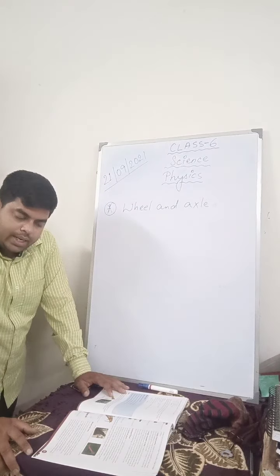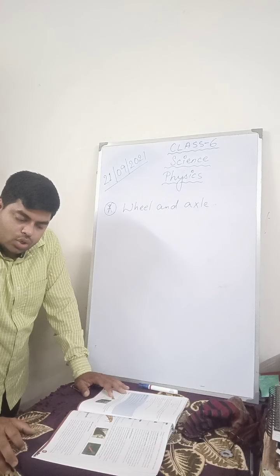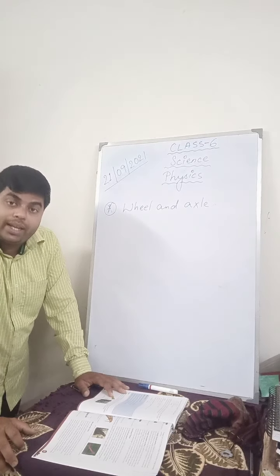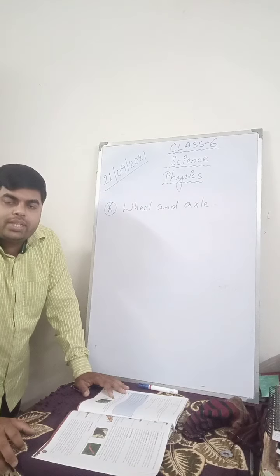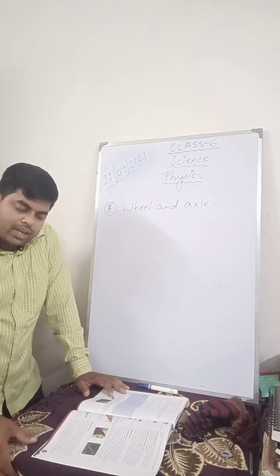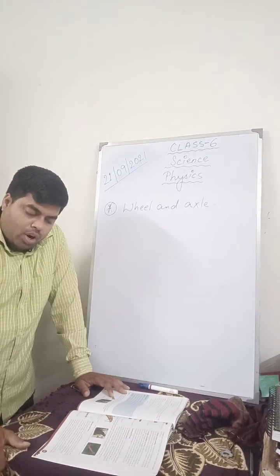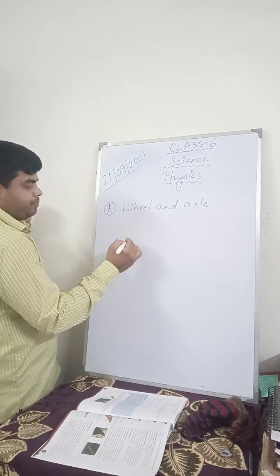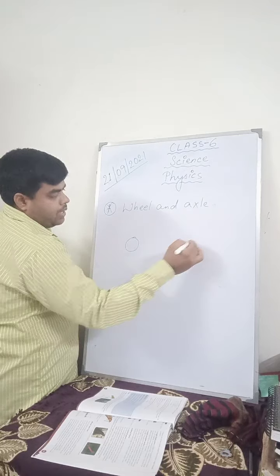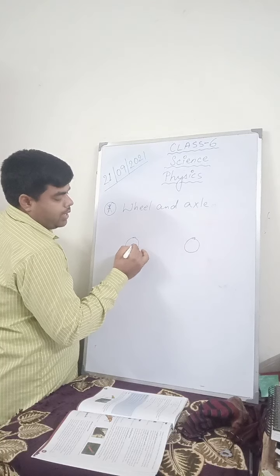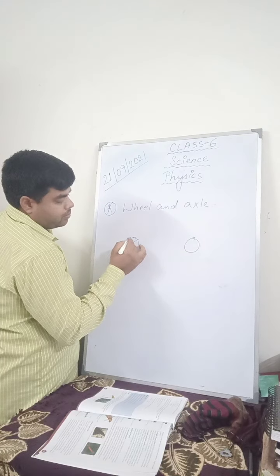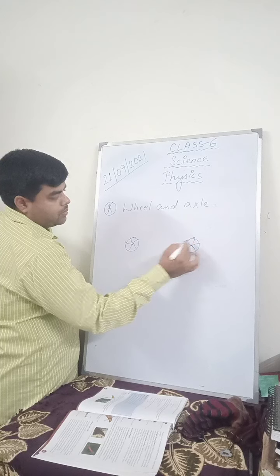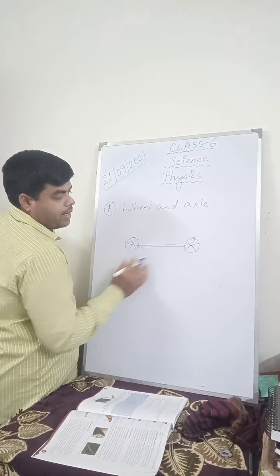Consider a car. It has 4 wheels. How are the two front wheels or the two rear wheels connected? The wheels have a rod between them that acts as a connector. These two wheels are fixed by a connector.